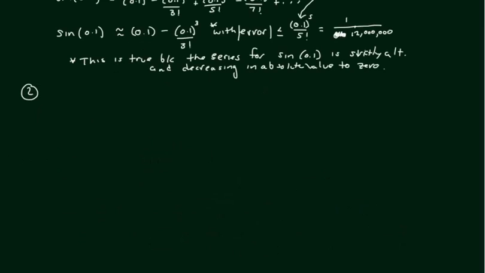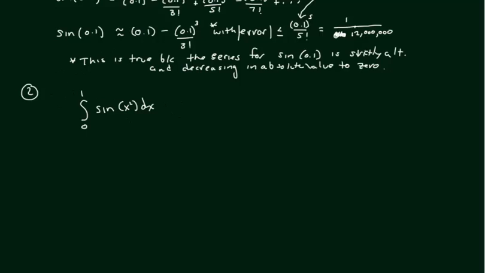Let's take a look at example 2. In example 2, it says we are to approximate the integral of the sine of x squared from 0 to 1, accurate to 4 decimal places.